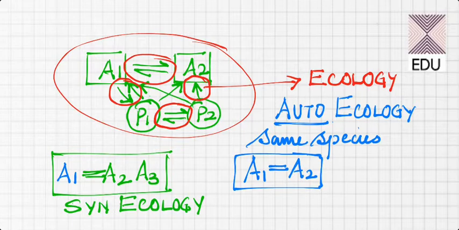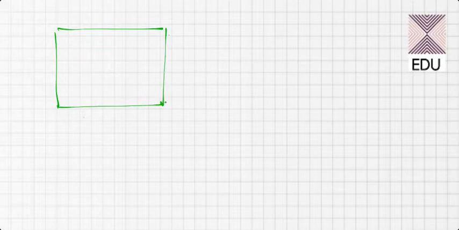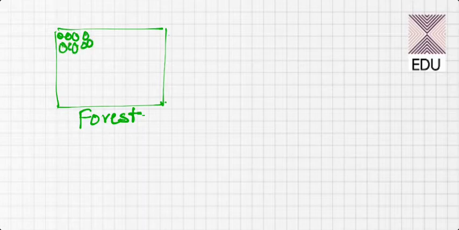Now students, the animals that are living in a particular area, again I'm taking an area. Suppose this is the same forest, and the animals are living inside. We have plants over here, and we have different animals.